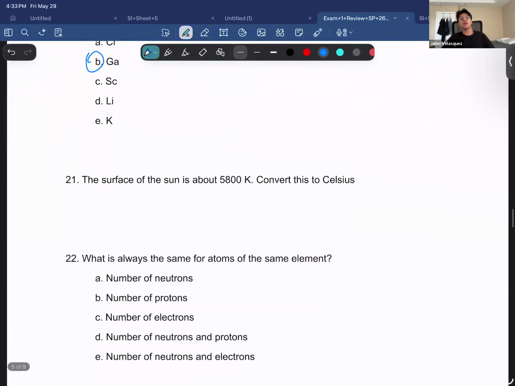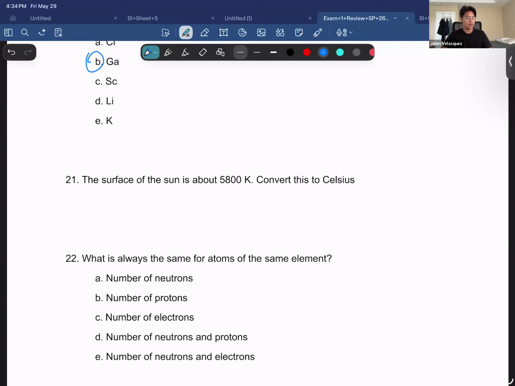Okay. 21. The surface of the sun is about 5,800 Kelvin. Convert this into Celsius. So how do we convert from Kelvin to Celsius? What's that special number we have to use? So remember to convert between Celsius and Kelvin, or vice versa, we have to use the number 273.